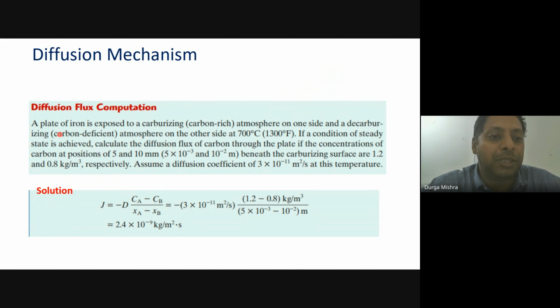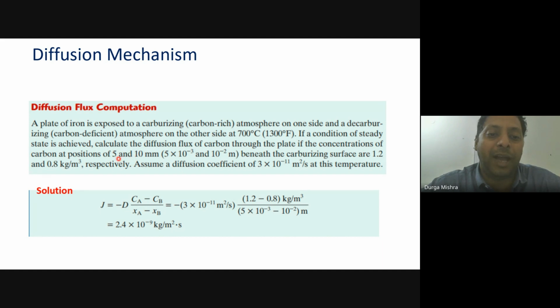The problem is like this: a plate of iron is exposed to a carburizing or carbon-rich atmosphere. You have a lot of carbon on one side of the iron plate, and less carbon on the other side, at 700 degrees Celsius. If you have achieved a steady state condition, calculate the flux of carbon through this plate. For that, you need to know the position or the thickness of the plate.